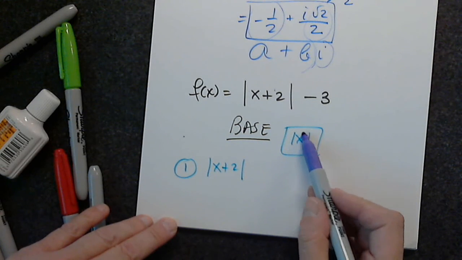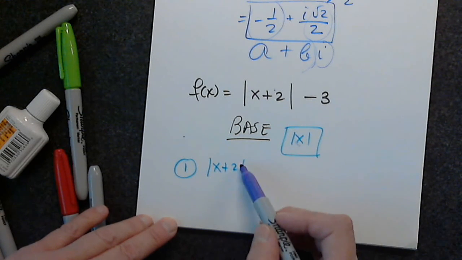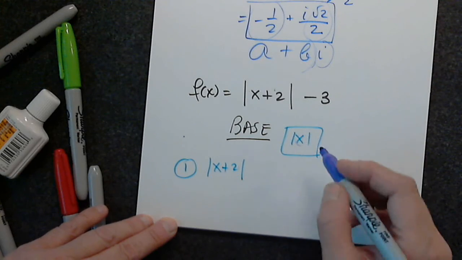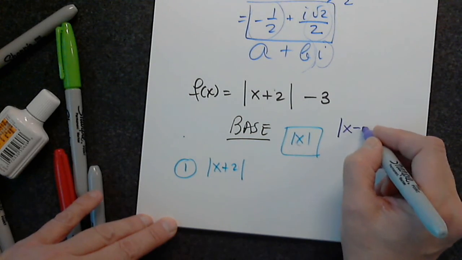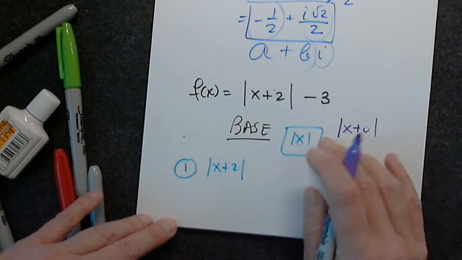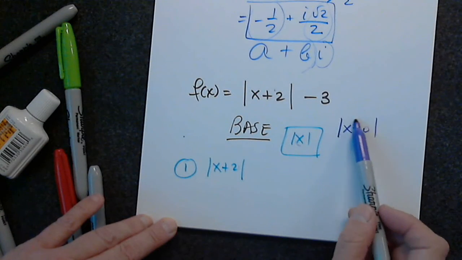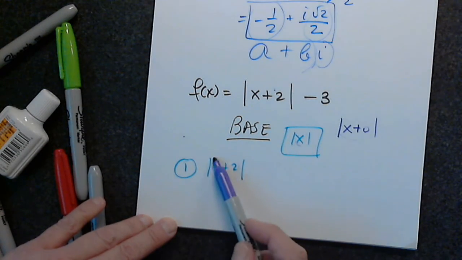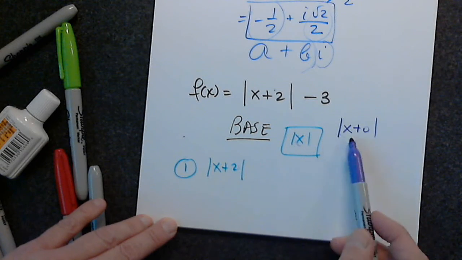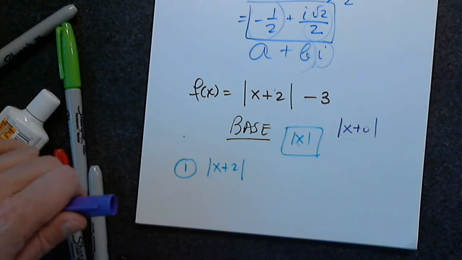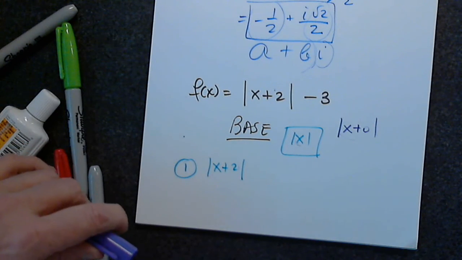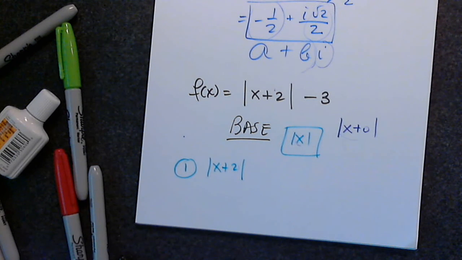So we are changing x inside the absolute value into x plus 2. If you want to visualize this better, you can visualize it with plus or minus 0. It doesn't matter. So we had x plus 0 or minus 0, and all of a sudden we have x plus 2. Obviously, it's a transformation in x. And now the question is, if it's a transformation in x, it goes left or right.